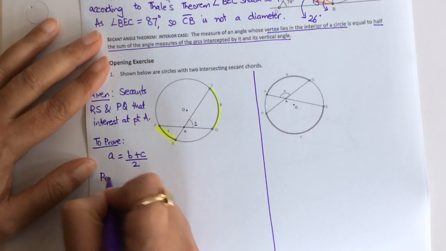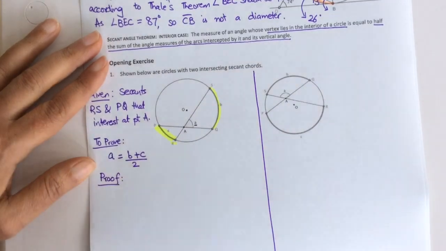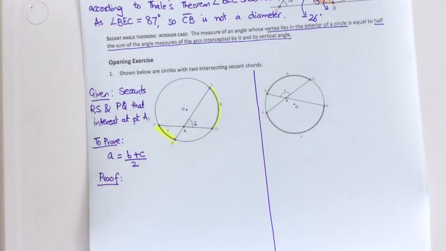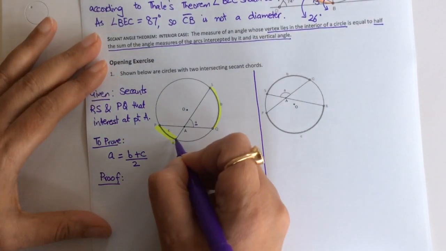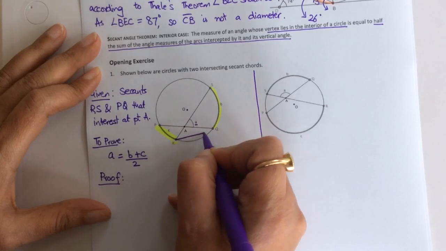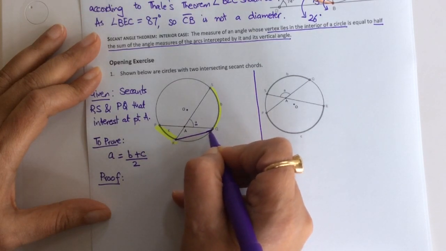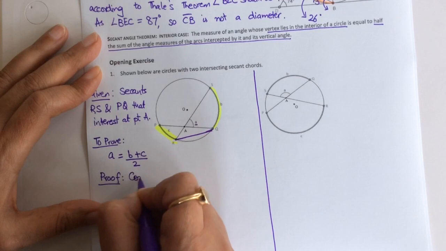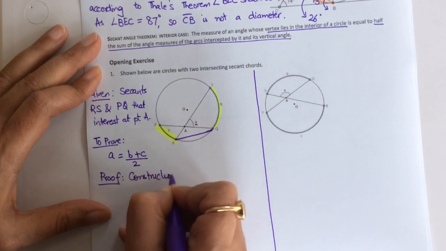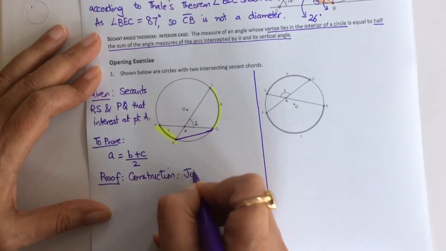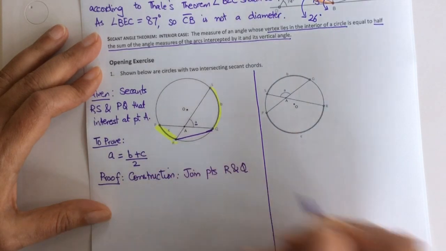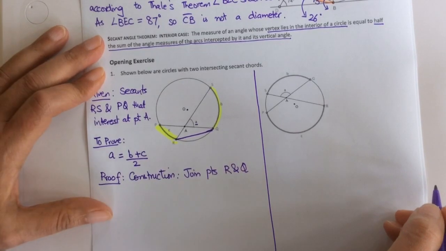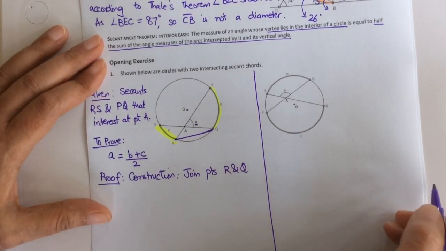The proof for this is really simple. This is just an extension of the inscribed angle theorem. To prove that, I'm going to join points R and Q. So my construction is: join points R and Q. Now I've created a triangle ARQ.